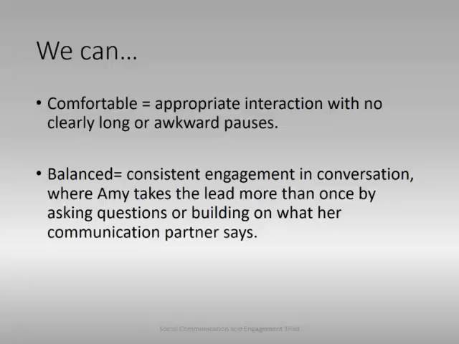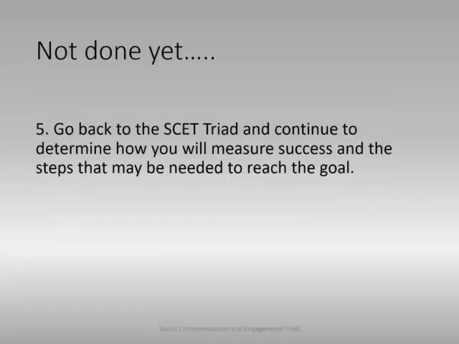And so we can determine as a team what that is, and that can become very important qualitative data. But we're not done yet. We still want to go back and look at the triad once more and continue to determine how we'll measure success and how we'll be sure that we have all the supports we need and the steps that we need to create for the student to be successful reaching this goal.